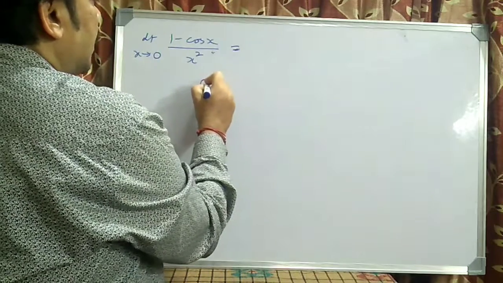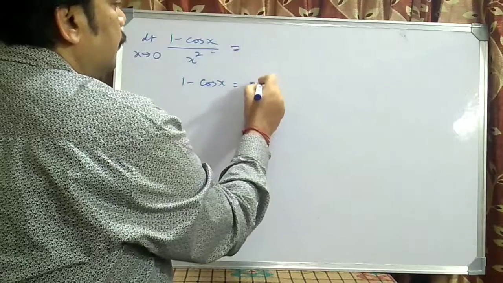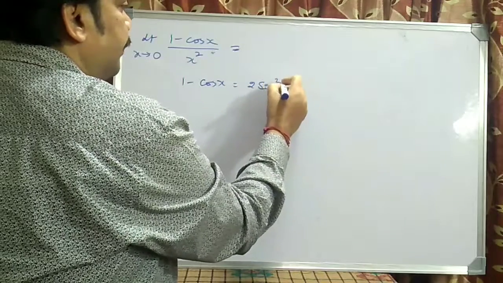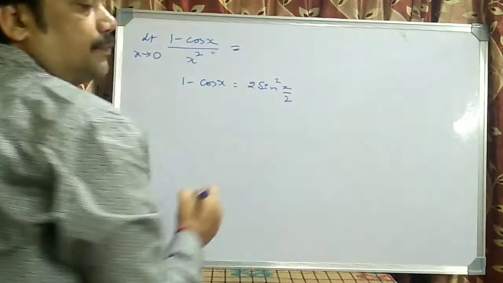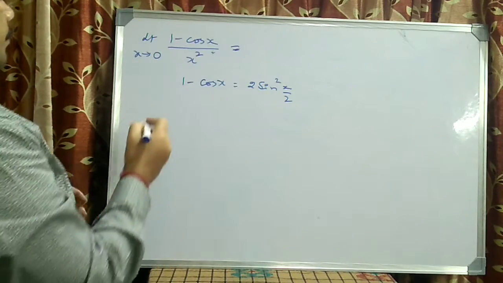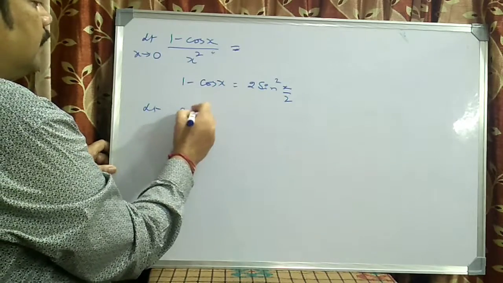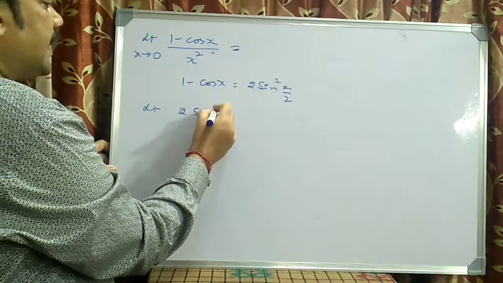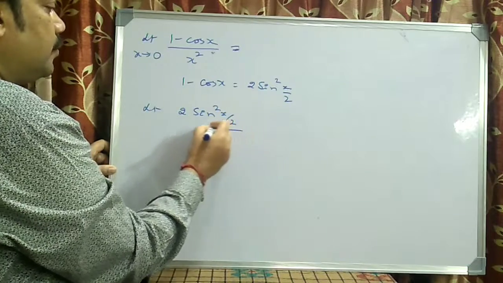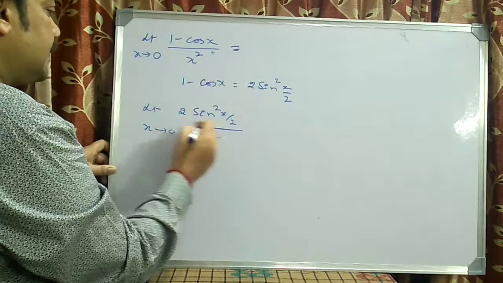That is, 1 minus cos x is equal to 2 sine square x by 2. Now if I use this, I have limit 2 sine square x by 2 whole divided by x square as x tends to 0.